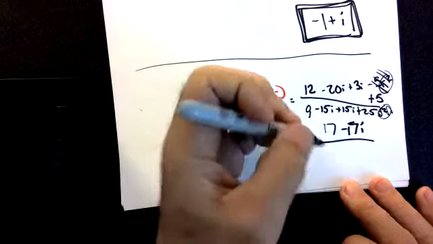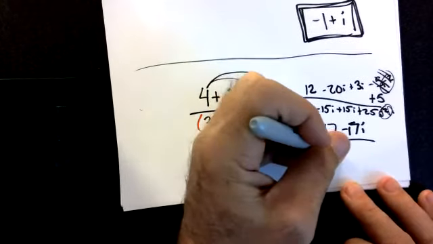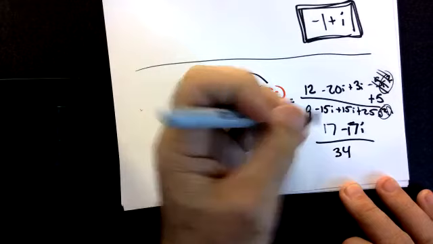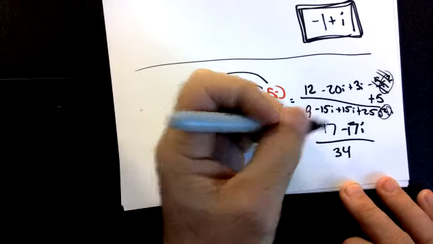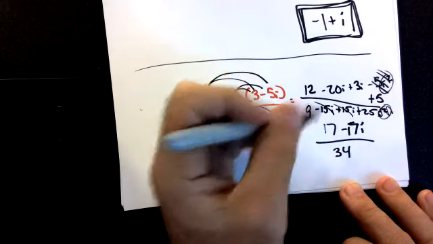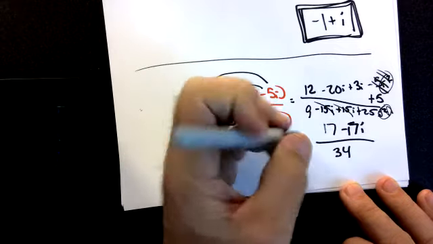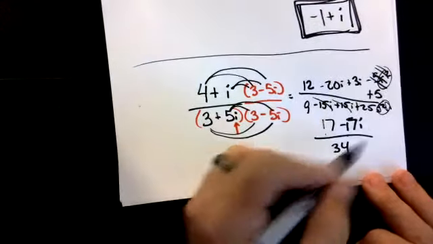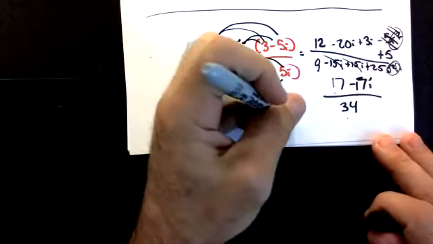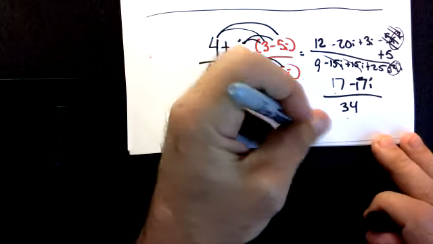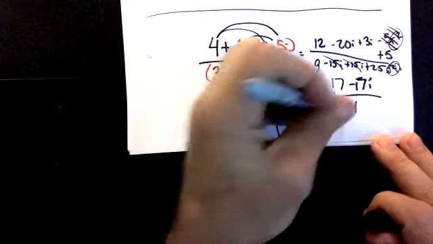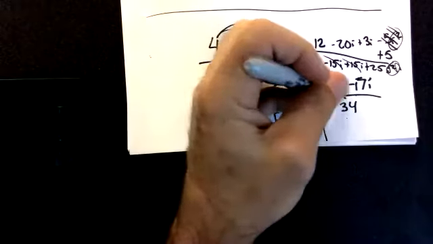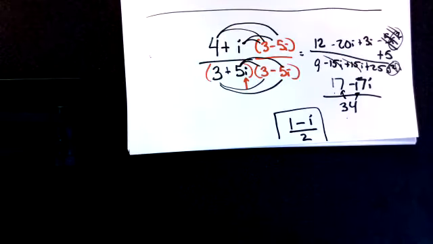Anyway, 9 plus 25 is 34. -15i plus 15i cancels each other out. This would be my answer. But again, these are all divisible by 17. So if I factor that out, I get 1 minus i over 2, because 34 divided by 17, those are all divisible by 17.